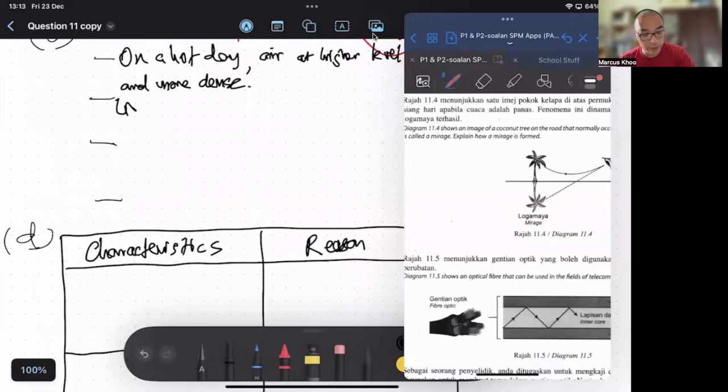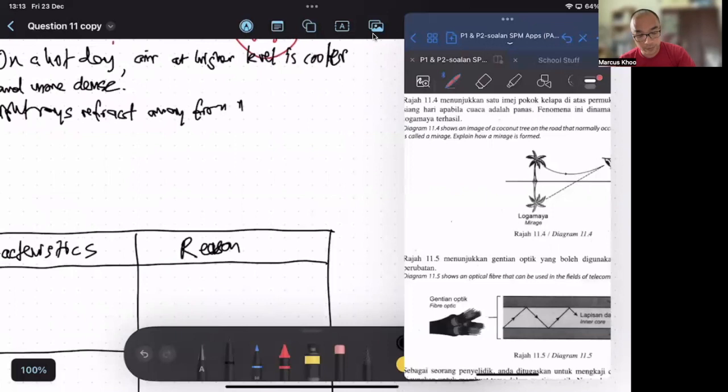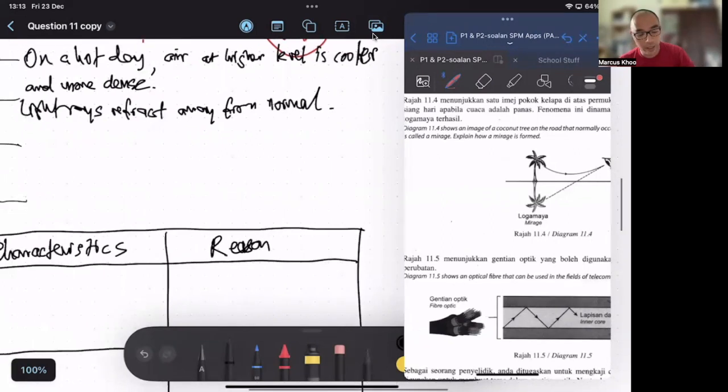Okay, so the light rays refract away from the normal line. I mean, because it's going from more to less, so it will refract away.